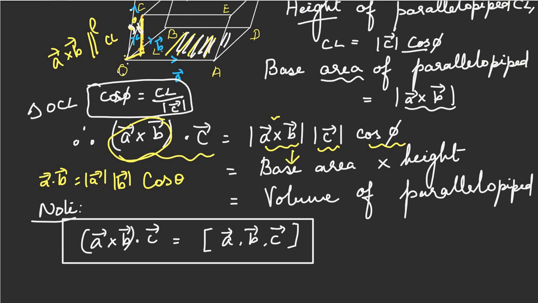This gives us the base area, and modulus of C cos phi gives us the height, which gives us the volume of the parallelepiped. Volume of the parallelepiped can be denoted as the box product of A vector, B vector, C vector.